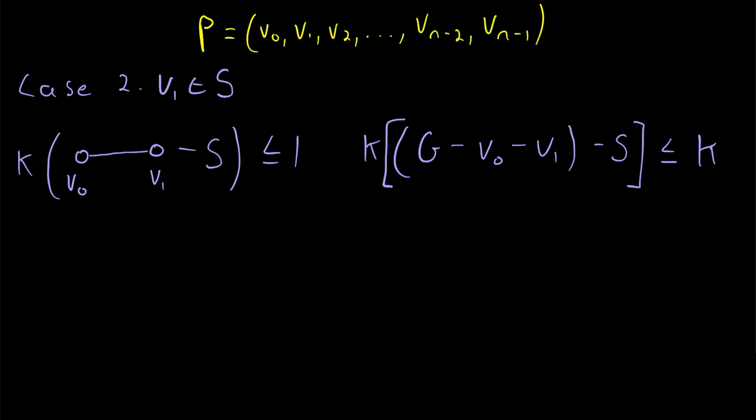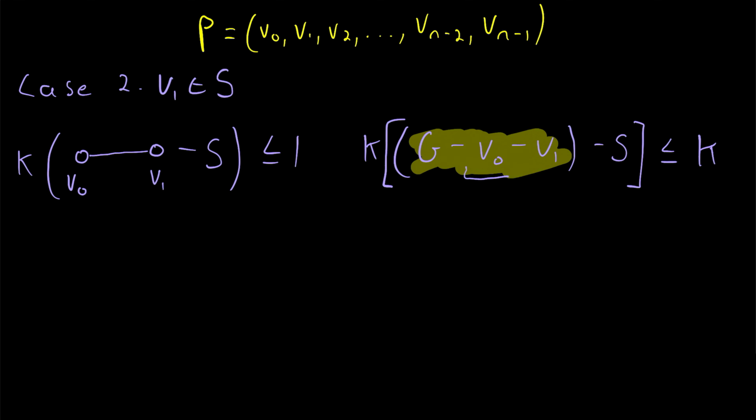I think there's some potential for confusion here. You might think, well, wait a minute, aren't we really deleting k vertices since we're deleting V0 and V1 and all the vertices of S? We might even be deleting more than k vertices. But if you're having that confusion, remember that we're applying the induction hypothesis to the graph G minus V0 minus V1.